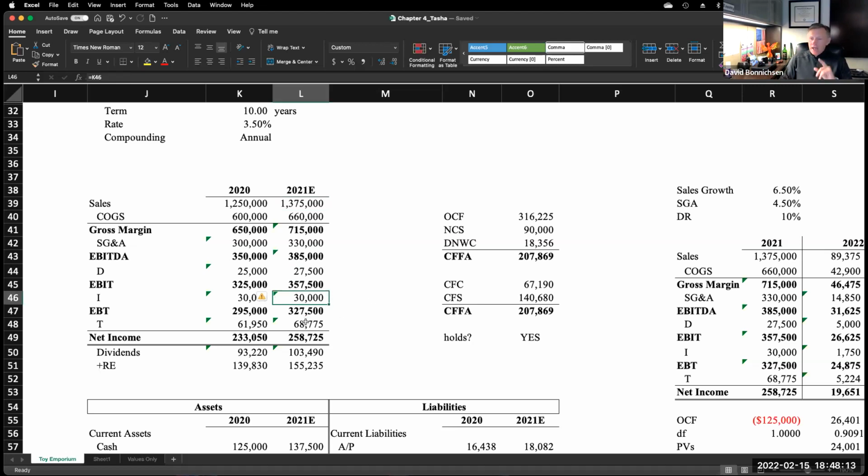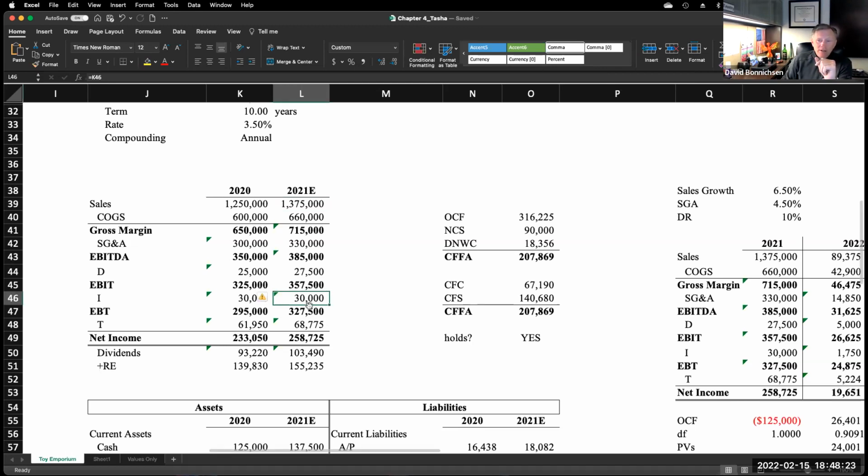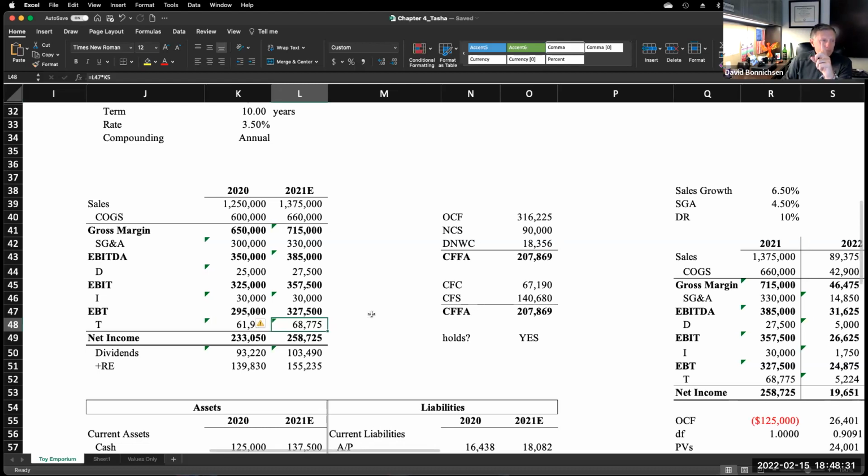And then some of you will have copied and pasted that 1 plus the growth rate formula into your taxes. That's a classic boo-boo. You cannot just simply grow the taxes by the growth rate.